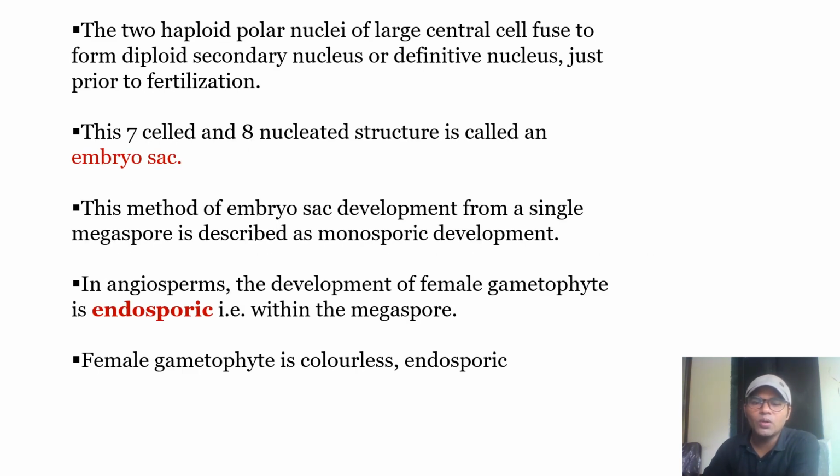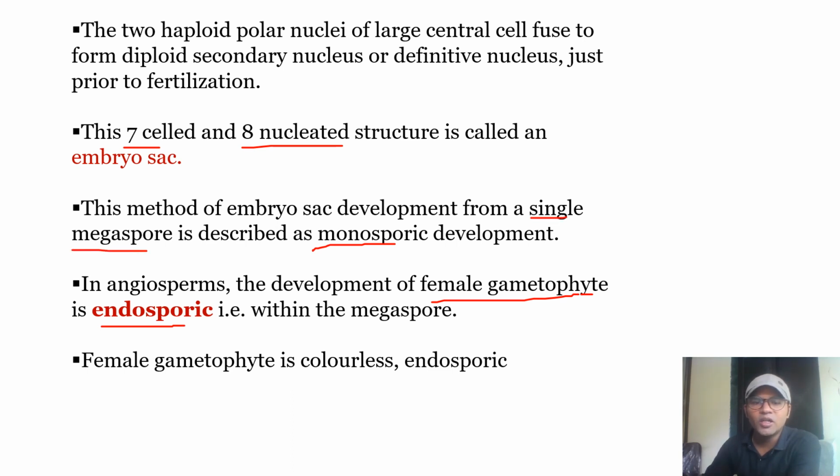So that's why the embryo sac is said to be a 7-celled, 8-nucleated structure. Okay, so in angiosperms the development of the female gametophyte is endosporic, which is taking place within the megaspore, and it is also said to be monosporic, which is developed by a single megaspore.